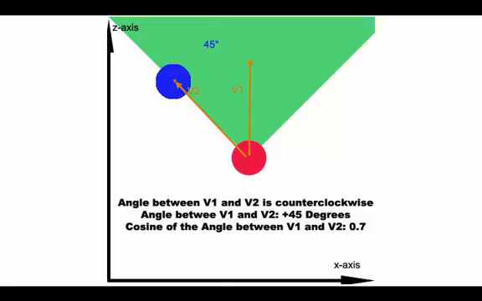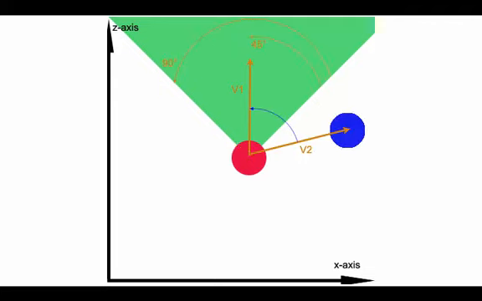The cosine is 0.7. So effectively, when the player is in the field of view, the cosine of the angle will vary from 0.7 to 1 and then back to 0.7 again, if we consider the player going from right to left.